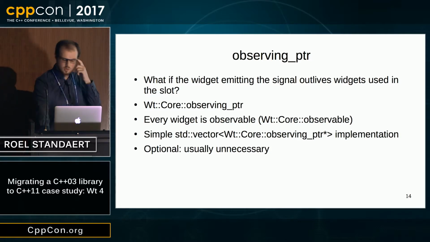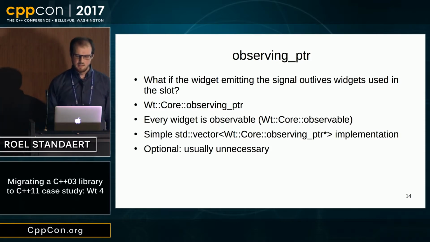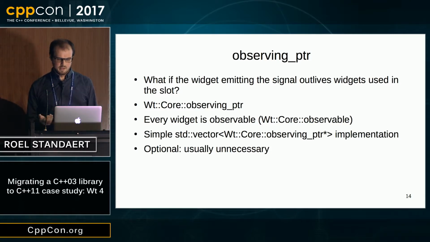So this is an extremely simple implementation. We made every widget inherit from Wt::Core::observable, and it keeps a vector of these observing pointers, and whenever it was deleted, it would invalidate all those observing pointers. The expectation is that we'll have 0 or very few observing pointers pointing to one observable.